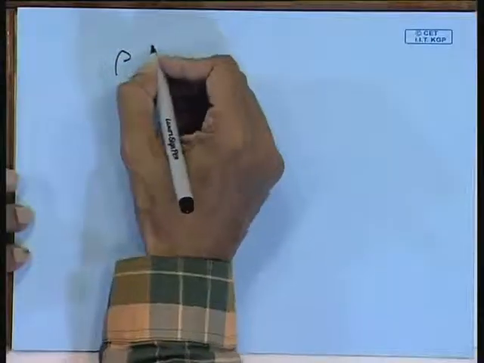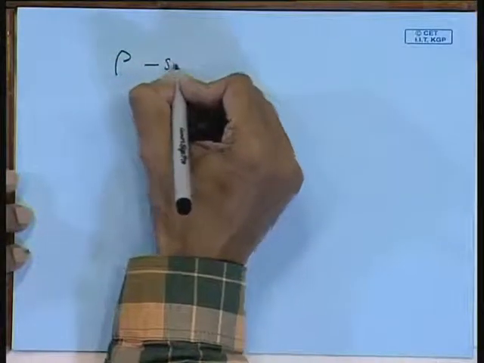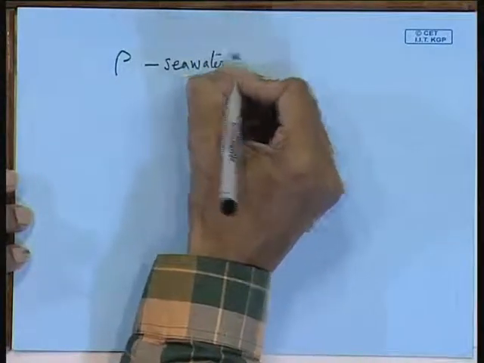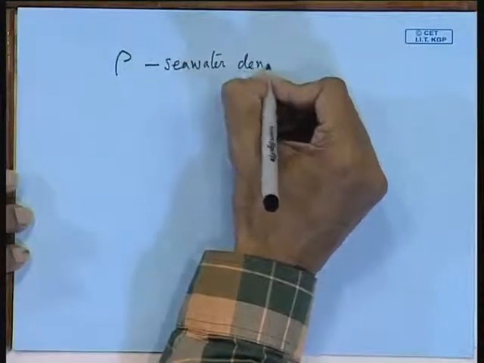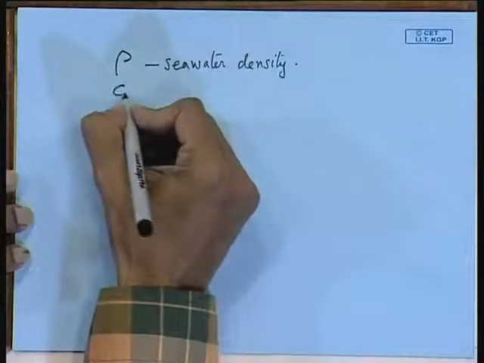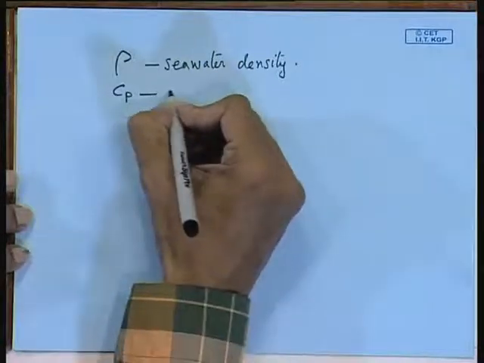Rho is seawater density. Cp is specific heat.